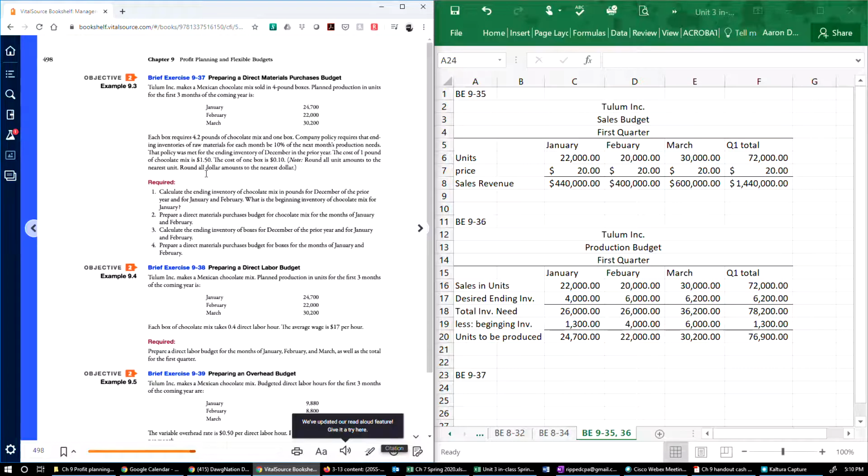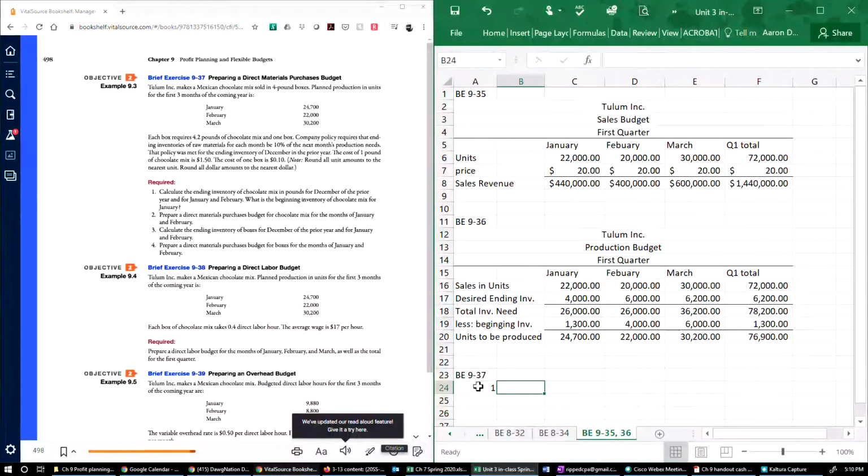Round all unit amounts to the nearest unit. Round all dollar amounts to the nearest dollar. So the first requirement is to calculate ending inventory of chocolate mix in pounds for December of the prior year, January and February.